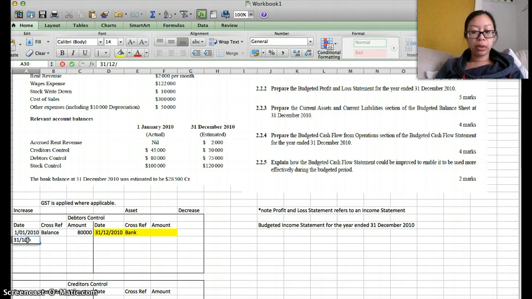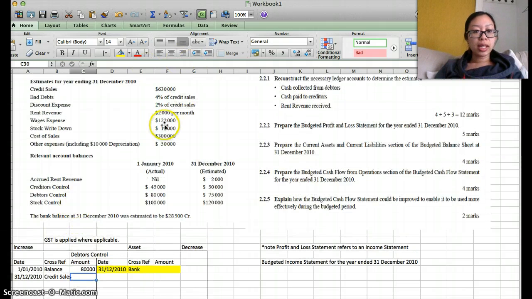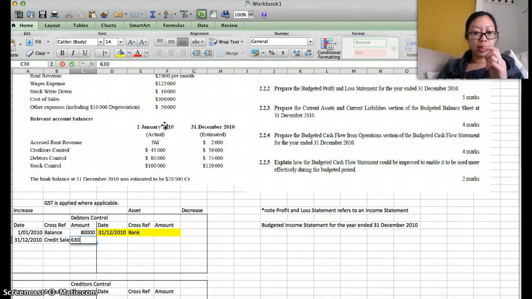So credit sales is 630,000. Now because we're adding GST, we're going to do that. That would be 10%.